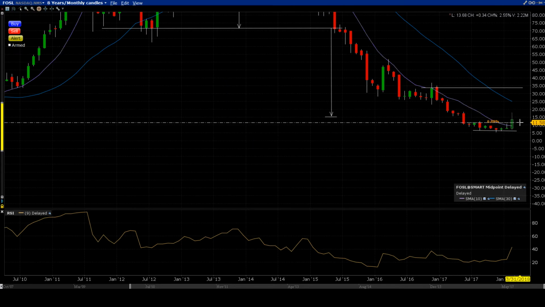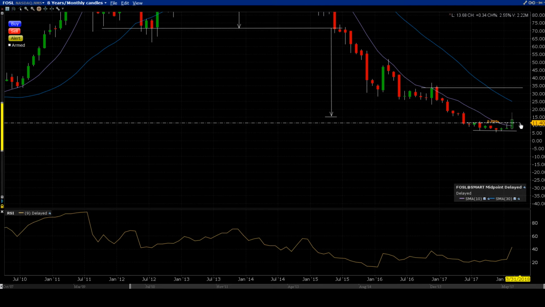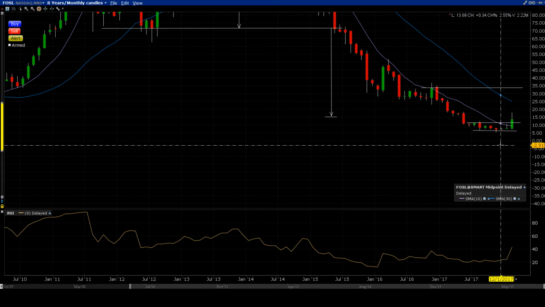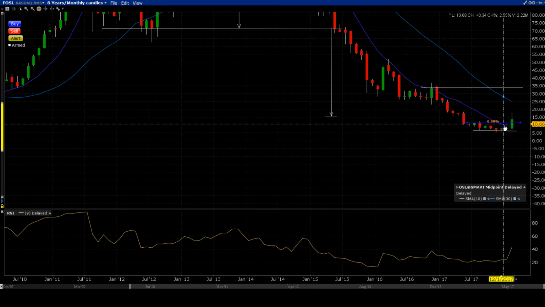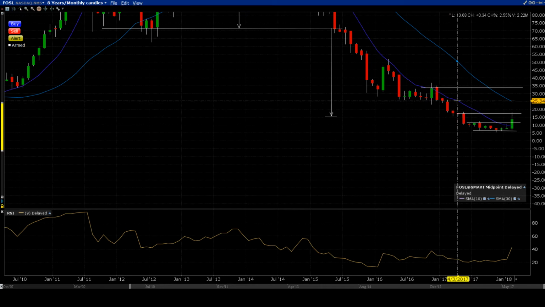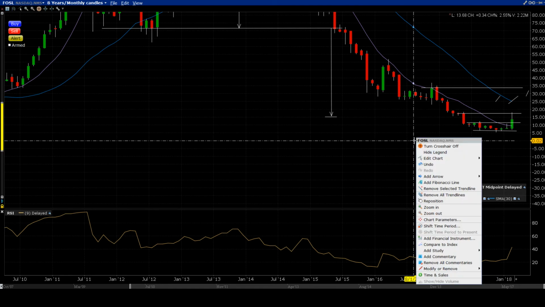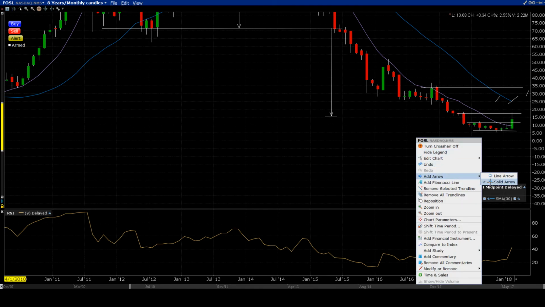Could be here. So you have a 1, 2, 3, 4, 5, 6, 7, 8 month pattern. Could have a small arrow here, add it up here, and then start climbing up all these levels where there's resistance to eventually maybe have more candles here, and then play the bigger move up.